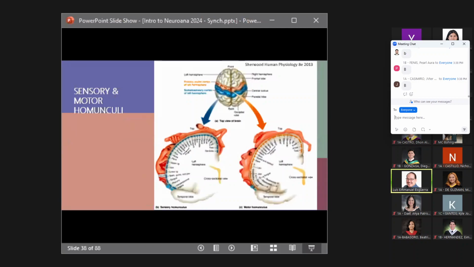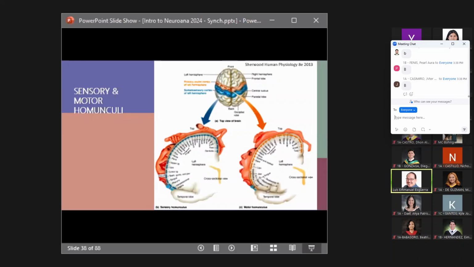In these particular areas, they represent particular parts of the body for sensory and motor. The larger the area shown, the larger the representation. The one on the left is sensory, the one on the right is motor. So the right is pre-central and the left is post-central.